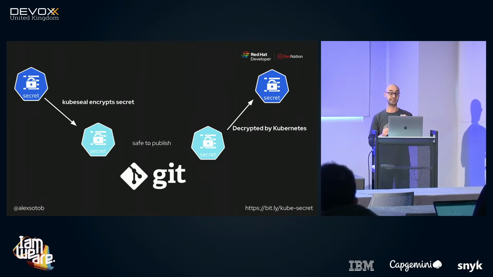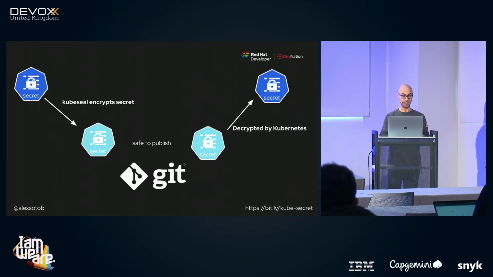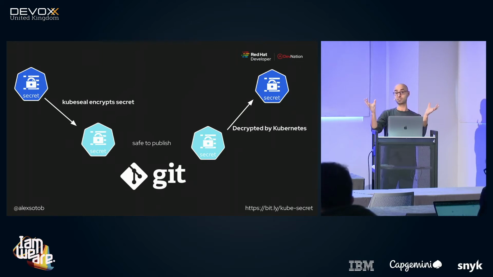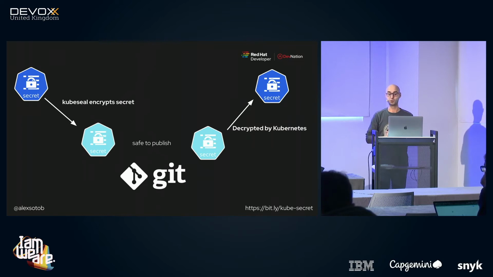After that, the secret is encrypted. Then we can safely push that secret to Git because it's encrypted. If someone gets this YAML file, they'll see just a bunch of bytes. Then, what happens when I want to apply this secret to the Kubernetes cluster?